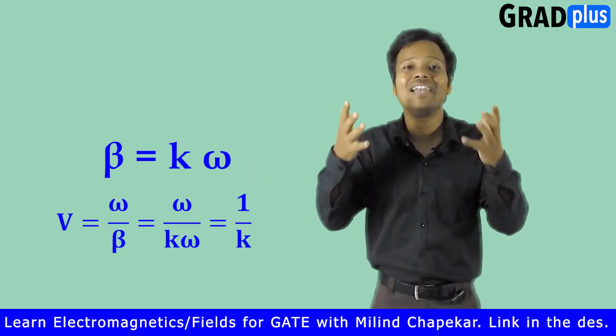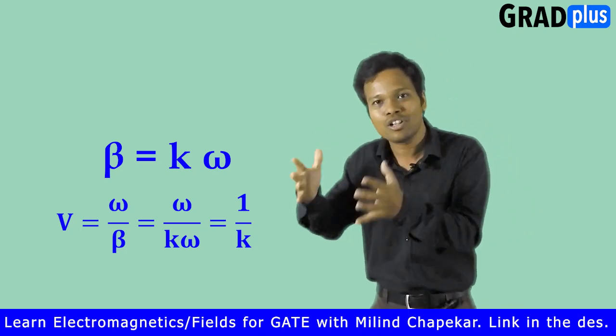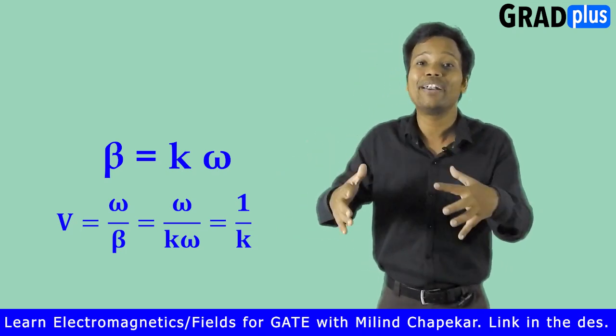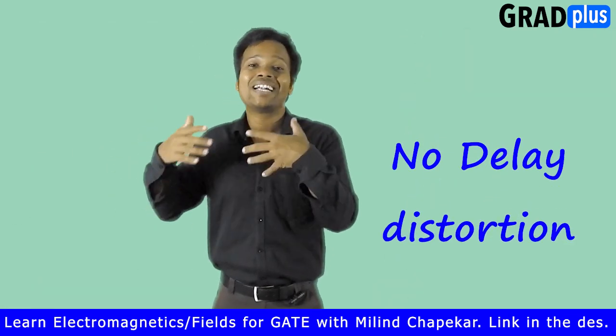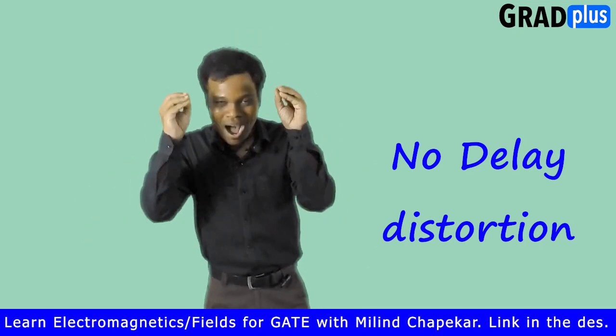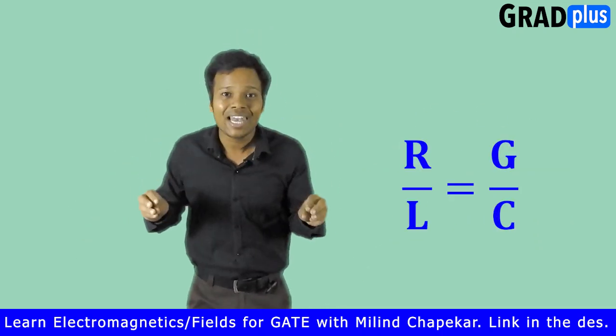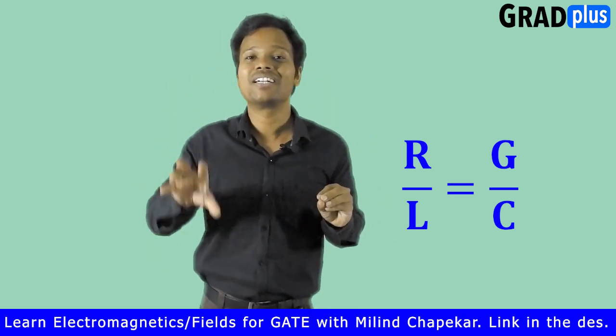So omega will get cancelled, and the speed of the EM wave will also become independent of the frequency. So by this way, delay distortion is also avoided. So by making R by L equal to G by C, we can achieve the distortionless condition in your transmission line.